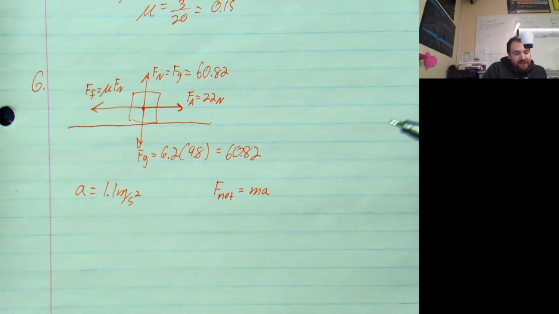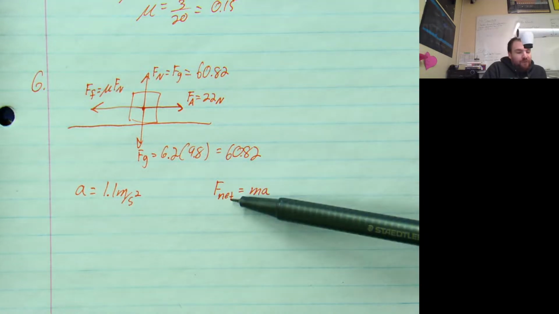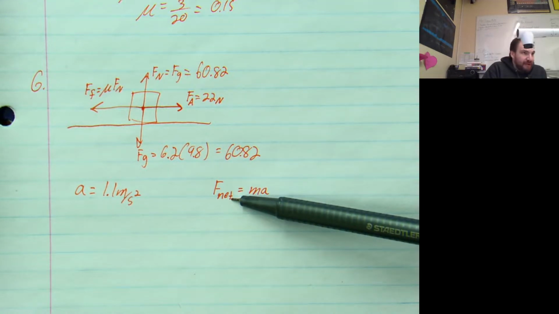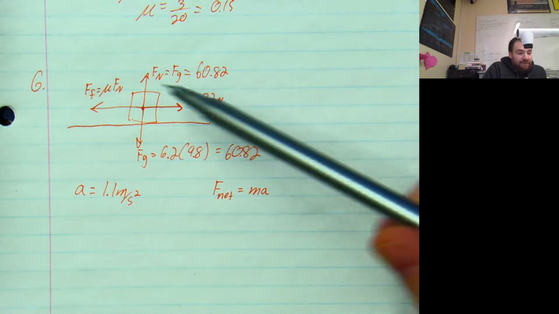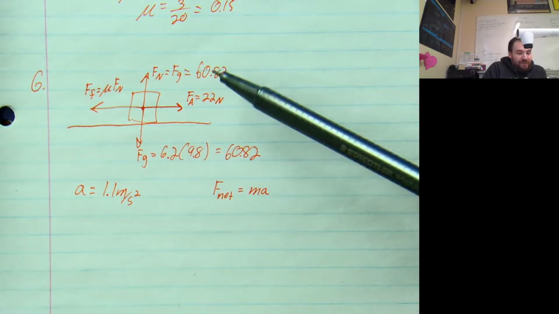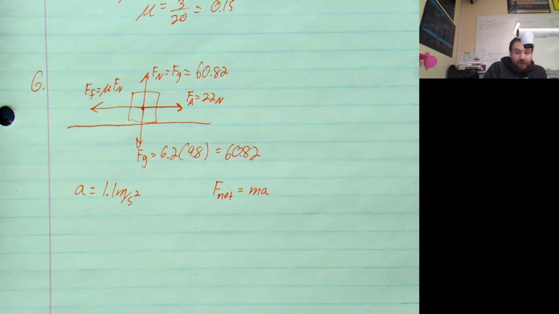So I've got F net equals ma, now I can start sliding things in here. What forces are acting in the plane of motion for this object? Force applied and force of friction. They're acting in opposite directions, so what direction do you want to call positive?